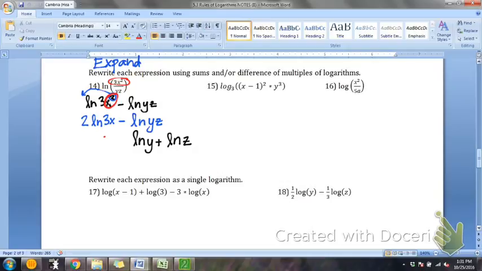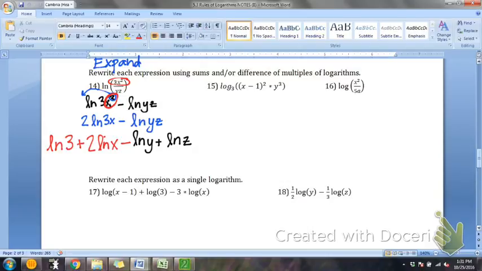So we have to be really careful when we do this. We're going to have the ln of 3 plus 2 ln of x, and then we have our subtraction there.